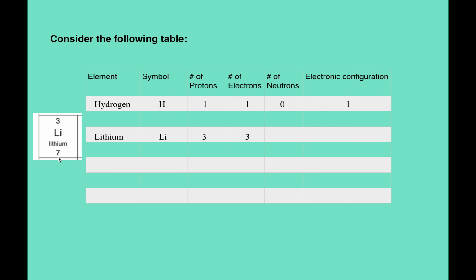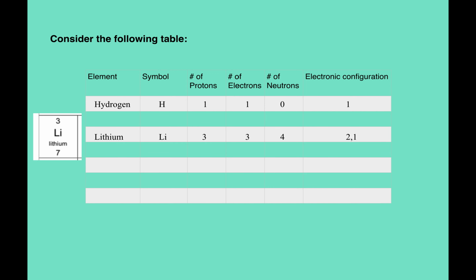And then 7 subtract 3 gives me 4 neutrons in this particular version of lithium. Lithium's got 3 electrons. It's in period 2, so it's got 2 electrons in the first shell and 1 in the outer shell.